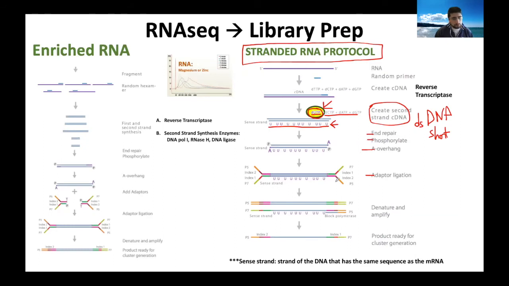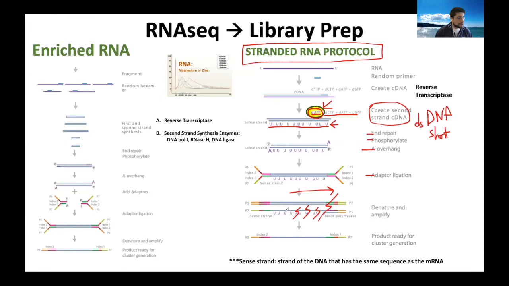So what happens next is that one of the two filaments still has these uracils. This is the filament that was derived from the second strand. At this step, after the adapter ligation, we have an incubation with an enzyme that is basically degrading the filament with the uracils.